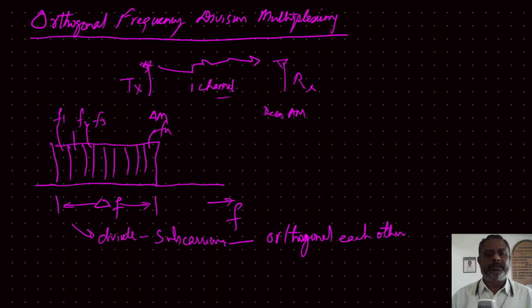If the band used for one channel is divided into, say, n sub bands, each one having F1, F2, and so on, then each subband can further be used to modulate. So each one can modulate 1 bit of information.